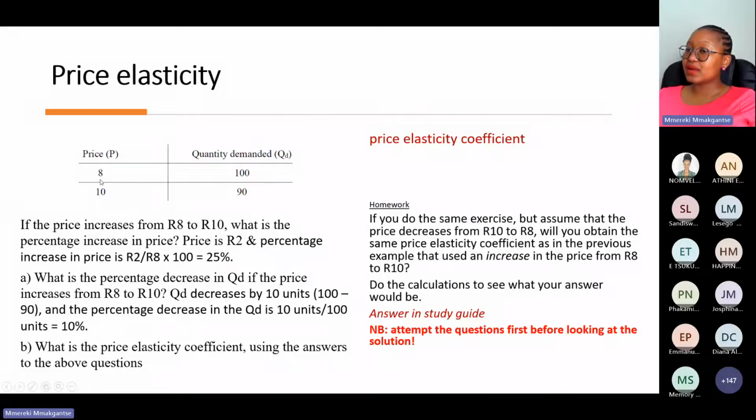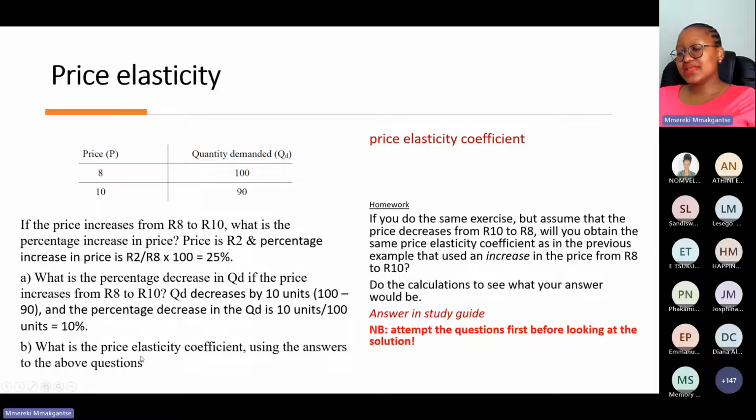Again, initially the price was 8 rand and quantity demanded was 100. And when the price is 10 rand, quantity demanded is 90. So the change is 10 units. So the percentage change in QD is 10%.